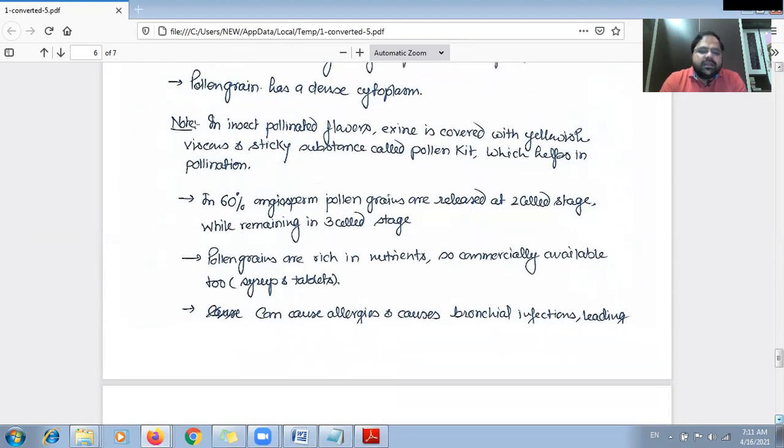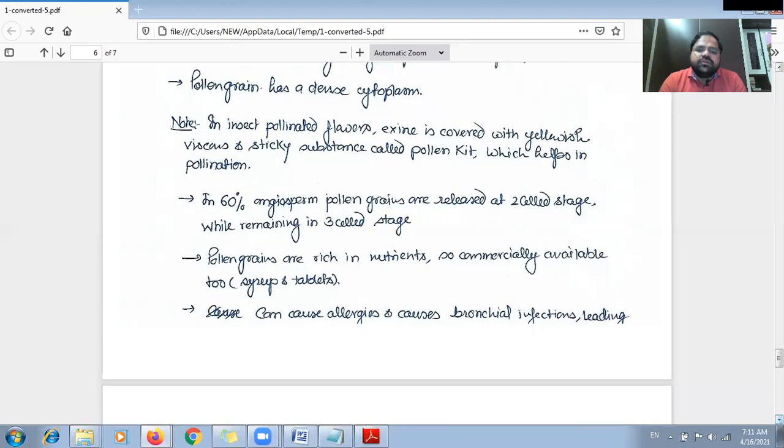In 60% of angiosperms, the pollen grains are released at the two-celled stage, while the rest are released at the three-celled stage. We have seen the two-celled stage structure of the pollen grain. Around 60% of angiosperms have two cells, vegetative cell and generative cell, and the rest of the 40% have a three-cell pollen grain.